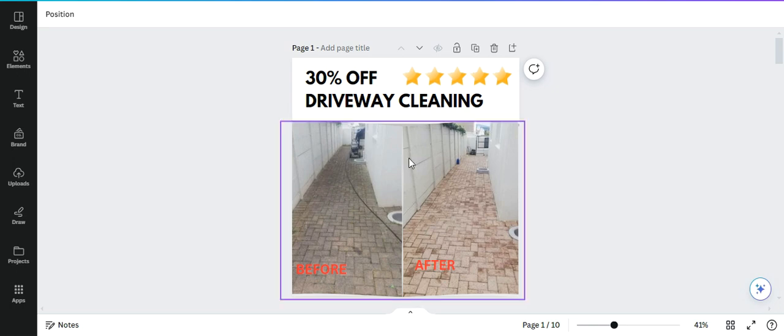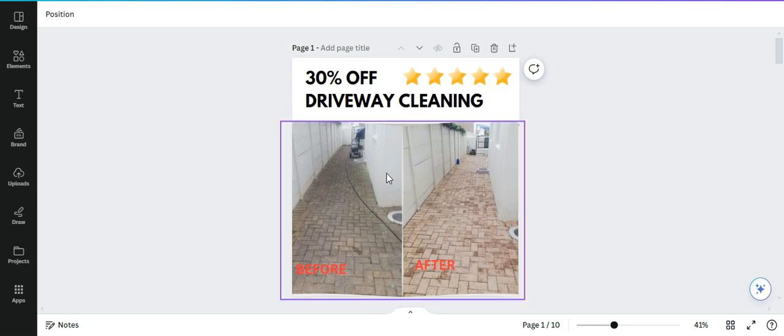So over here you can see that I'm showing a before and after. Now you may ask, Facebook has a policy against showing before and after in your ads, but it's possible you can show before and after if it does not affect the thing you are talking about or the person you are talking about.